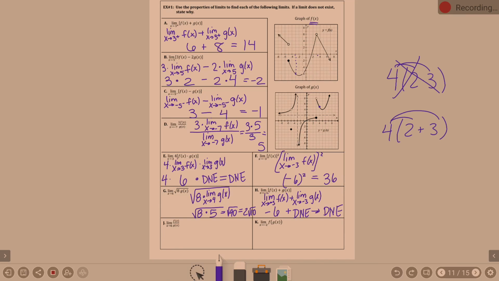If one was approaching infinity, would it just be does not exist? Like if this had ended up being infinity here, so if they were both going up?